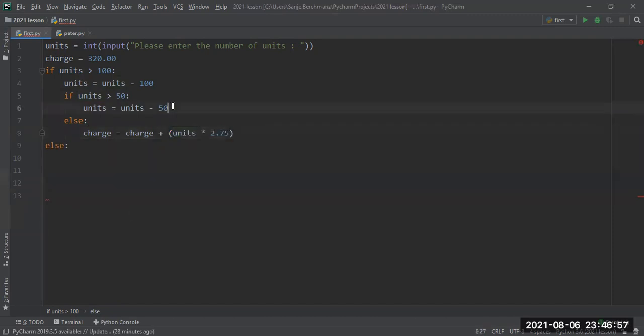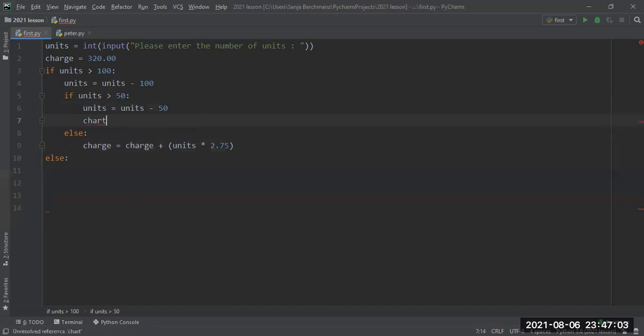If this was more than 50, charge will be equal to the already given charge, that is 320, plus 50 into 2.75, that is the 50 already taken, and the number of units now that we have, units into 5.00.